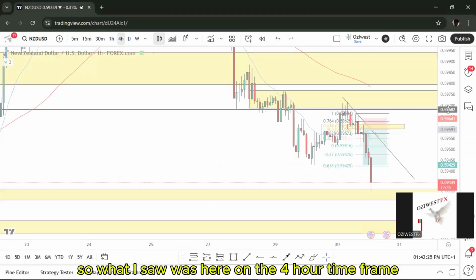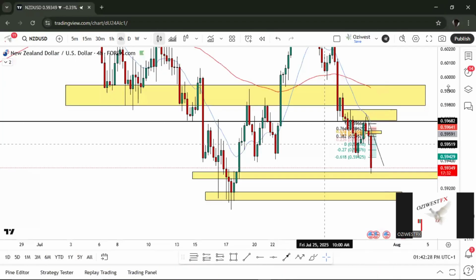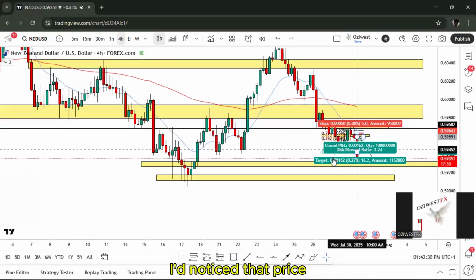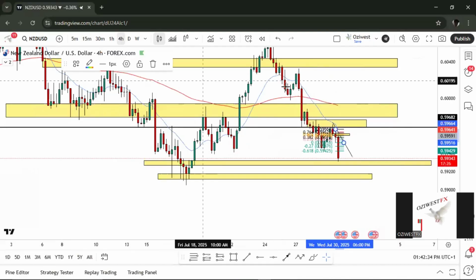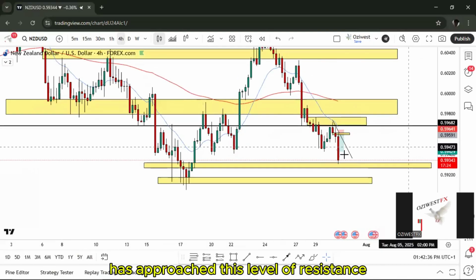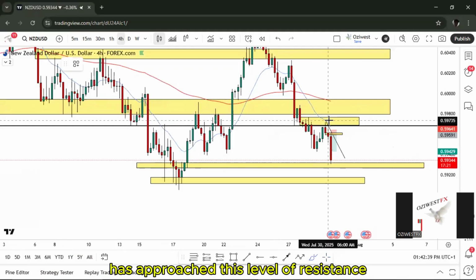So what I saw was here on the 4-hour time frame. I noticed that price has approached this level of resistance.